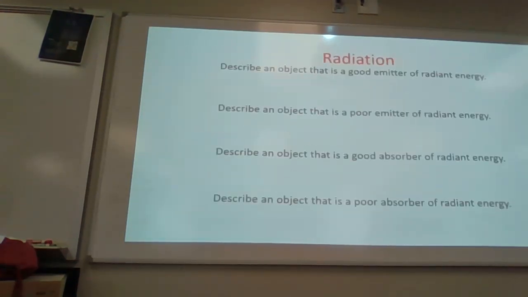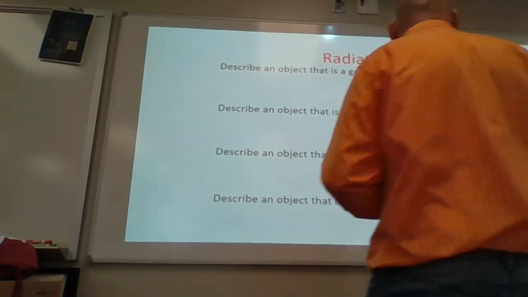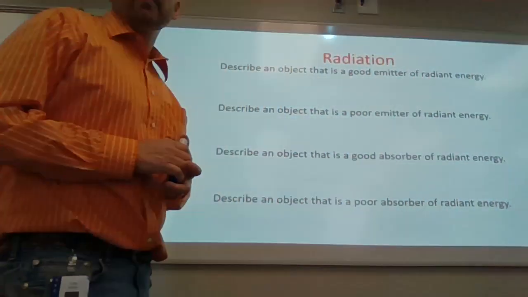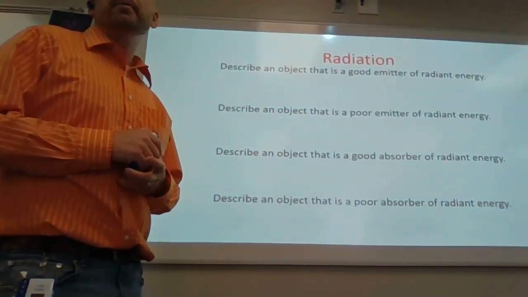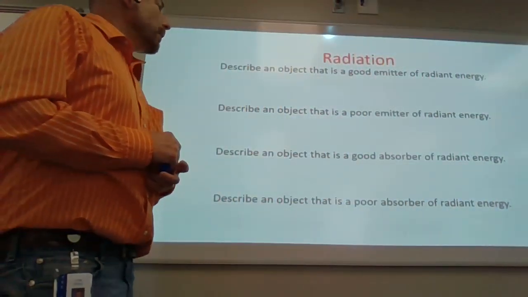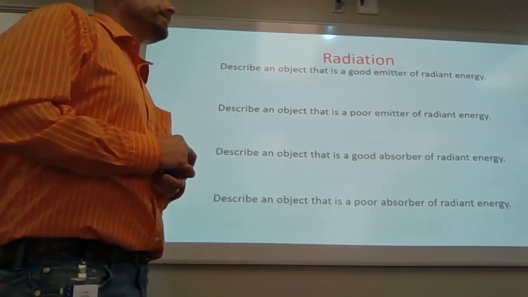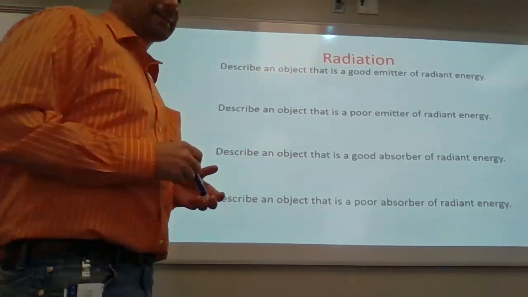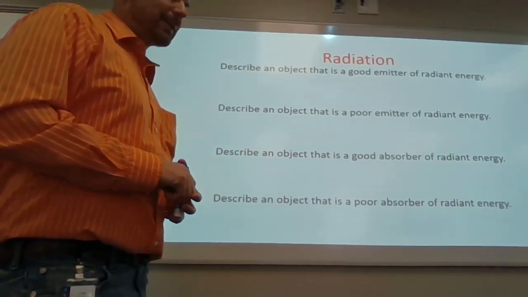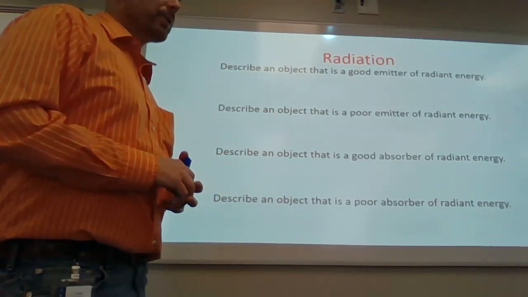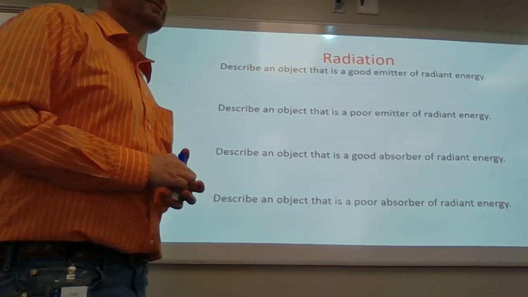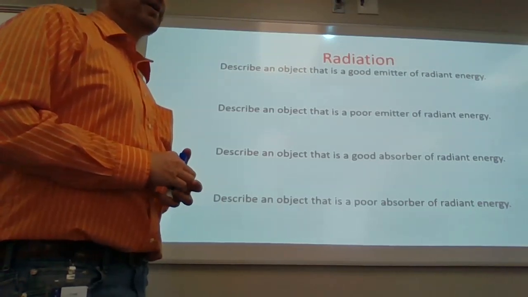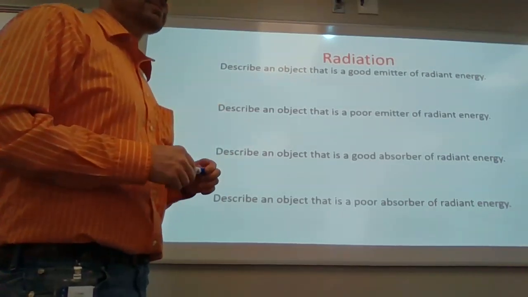So we're going to start with this. Describe an object that's a good absorber of radiant energy. It is dense. That is a good absorber of most electromagnetic waves, period.